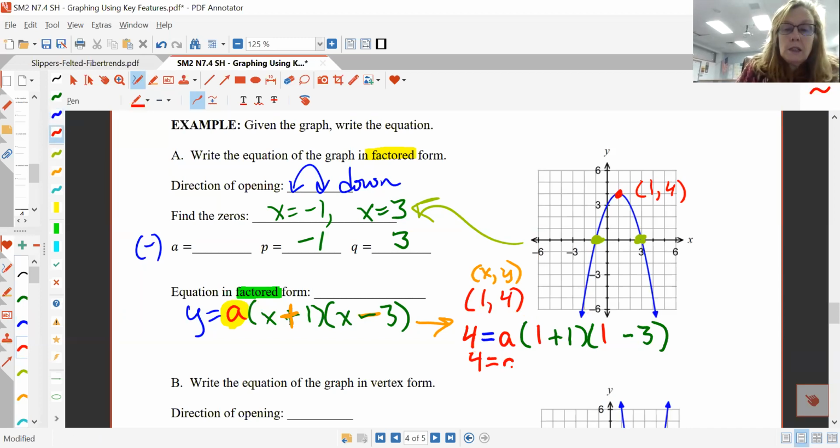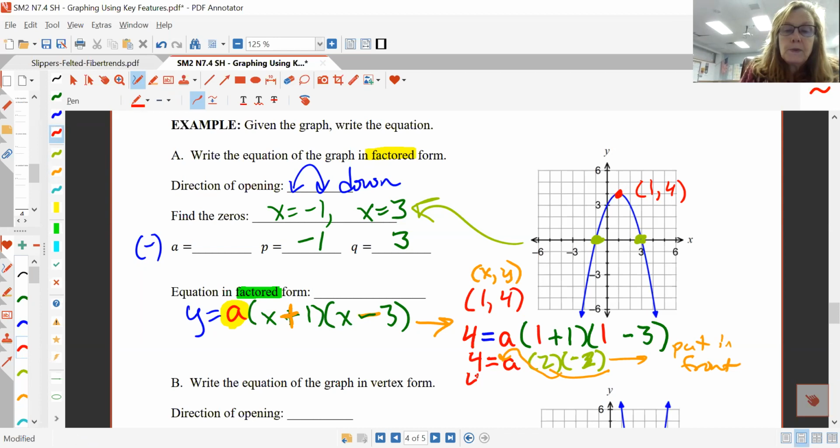Okay, A, and then 1 plus 1 is 2, and 1 minus 3 is -2. Then what I want to do with this, once I've figured it out, is put it in the front, because we are very used to seeing this number calculated and put here.